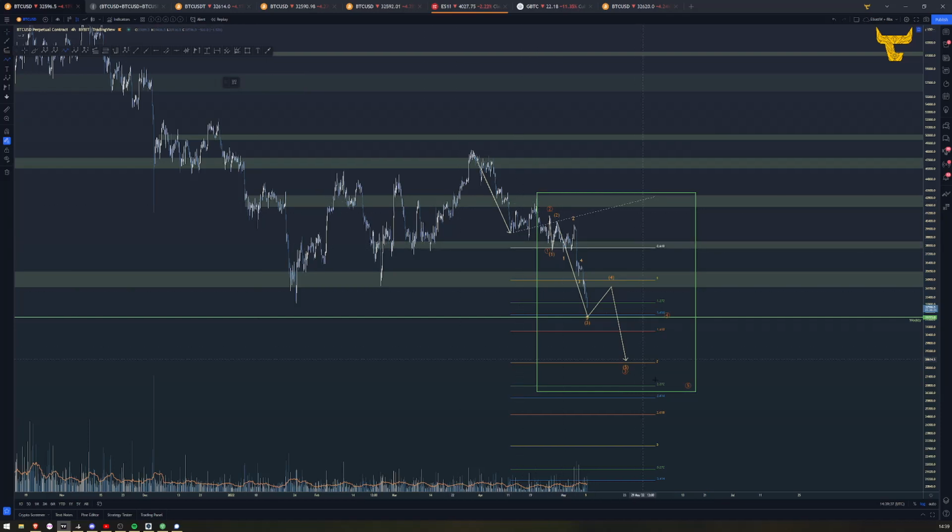Now, if it is this way, you see how we will easily reach much further down than the 161.8 target. But it could also be a smaller wave 3, a smaller wave 4, and a smaller wave 5, and just stay within that range.